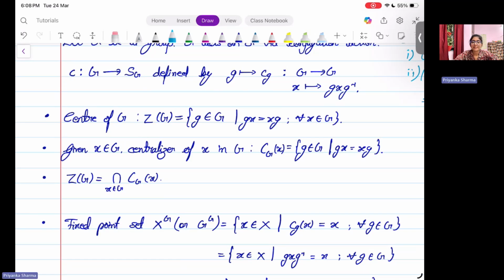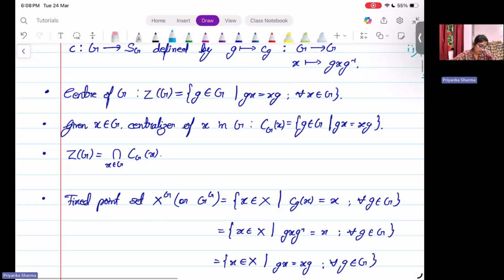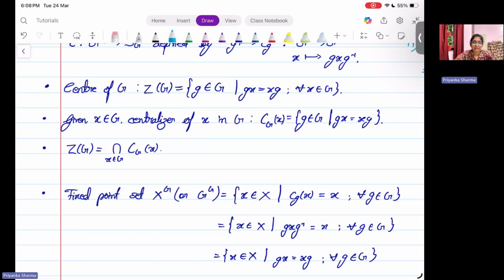That is, the elements of G which centralize the given fixed element x in G. Now we can see that the center of G is the intersection of all the centralizers, where this intersection is taken over the elements of G.